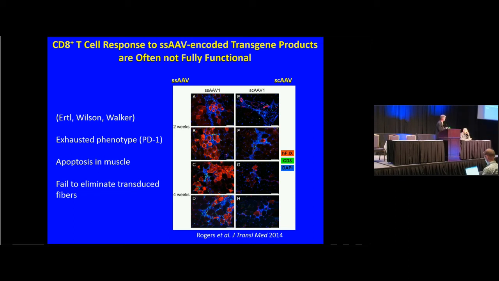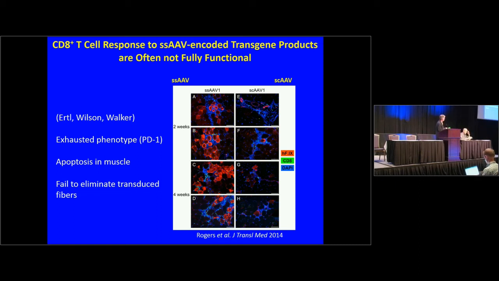That's not true for all transgenes, but for a number. And these CD8 cells that are activated against a transgene product from a single-stranded AAV vector, they tend to express markers that are typical for exhausted T cells, so they're not fully functional, and then they apoptose in the muscle and die.